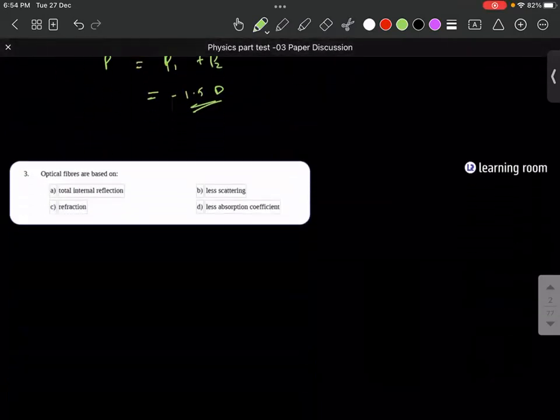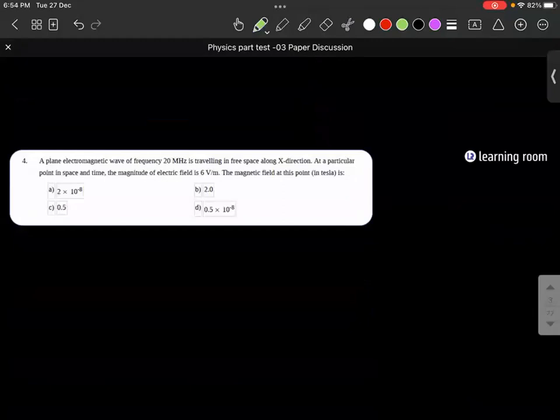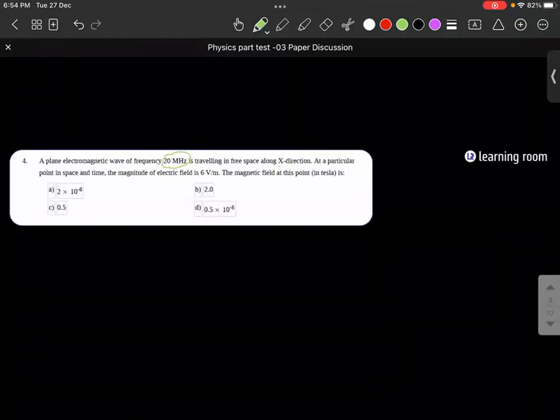Optical fibers are based on, obviously, total internal reflection. A plane electromagnetic wave of frequency 20 megahertz is traveling in free space along x direction. At a particular point in space and time, the magnitude of electric field is 6 volt per meter. The magnetic field at this point is. So what is the relation, guys?